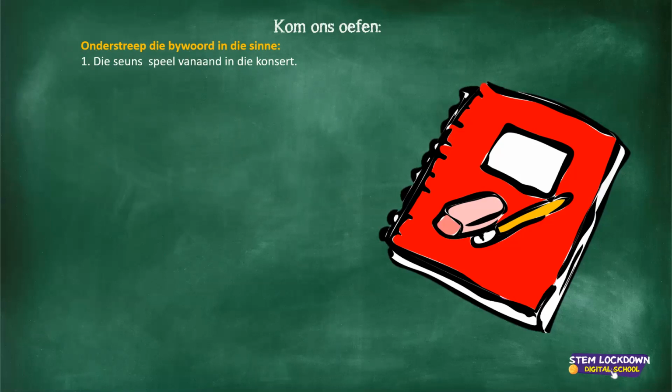The main verb would be speel. So what word describes the verb? And usually the bywoord will stand either in front or at the back of the verb. So it will be either seuns or vanaand. What would the bywoord in this sentence be? Will it be seuns or vanaand?